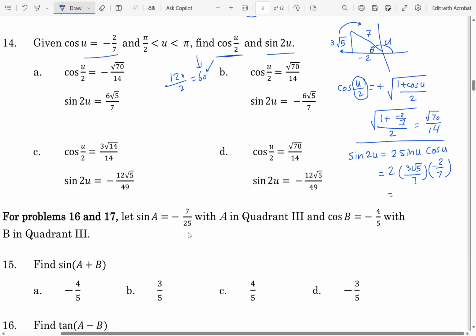So multiply this, you will get negative 2 times 2, this is 4, negative 12 root 5 over 49. So where is the correct answer now? Here, negative 12 root 5 over 49, and the cosine here, root 70 over 14. D is correct now, number 14.